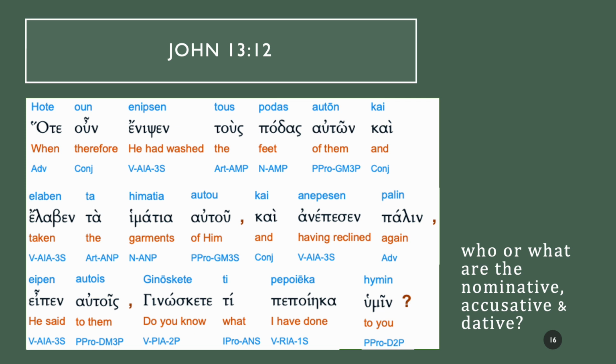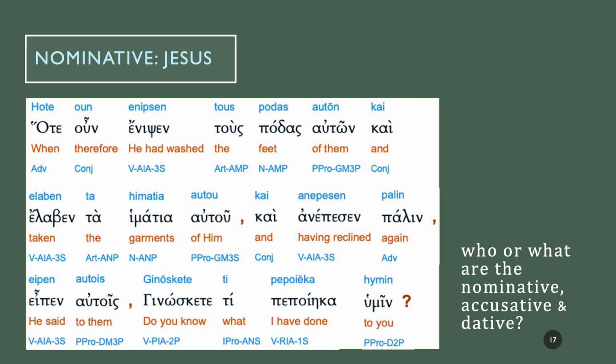Can we spot here what are the nominatives, accusatives or datives? There are 4 words here that have been listed as either an accusative or a dative.